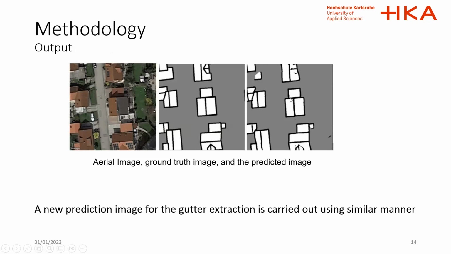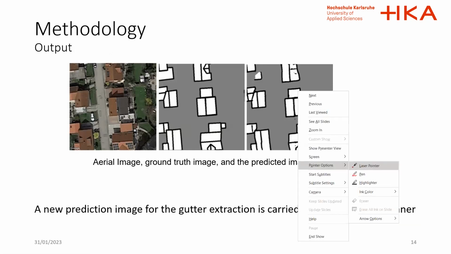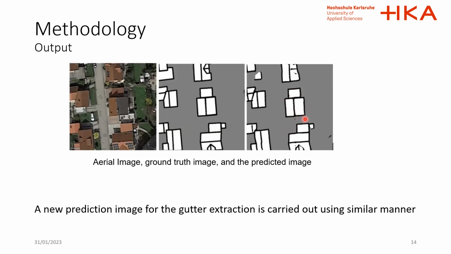And the third image you can see here is the output image when the test images are applied. When the test images are sent to the model, the output is this one.